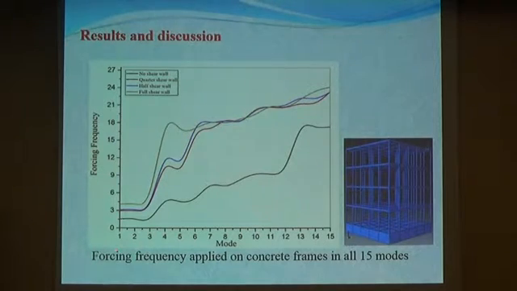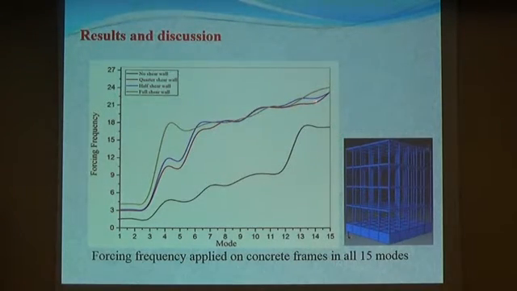Here, the forcing frequency is applied in the 15 modes, and the forcing frequency is changed across the different models. The first one, with no shear wall, is model 1. The failure will occur less than when we have the shear wall.